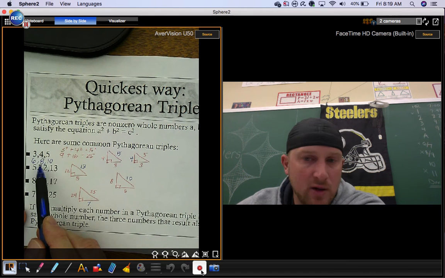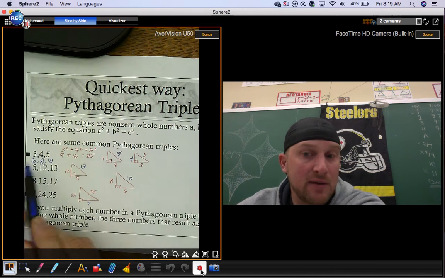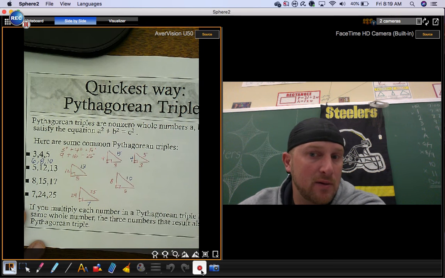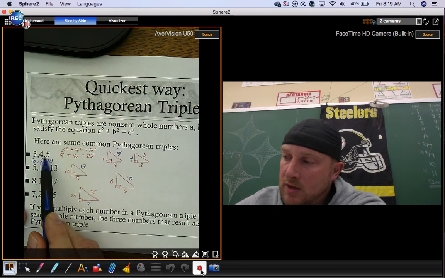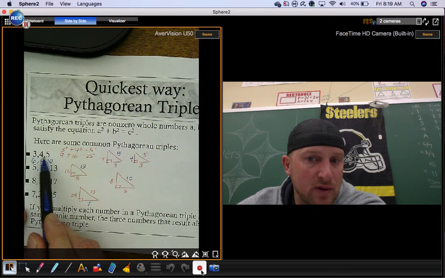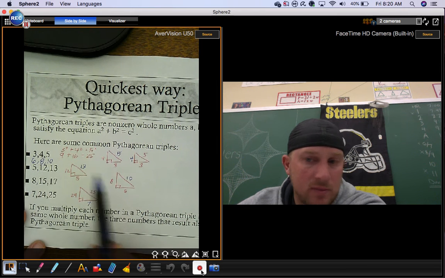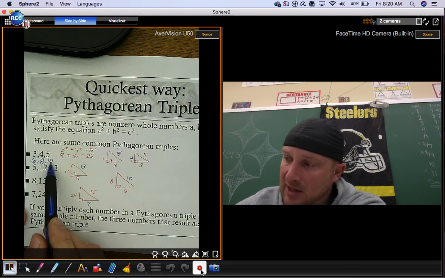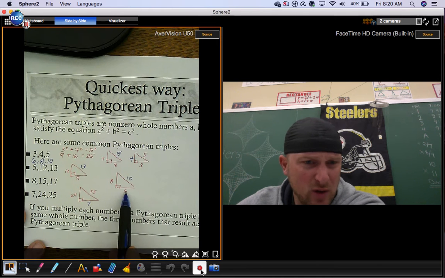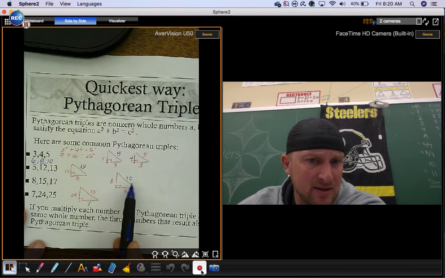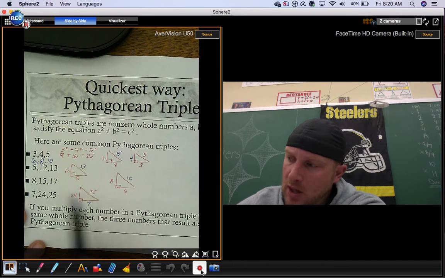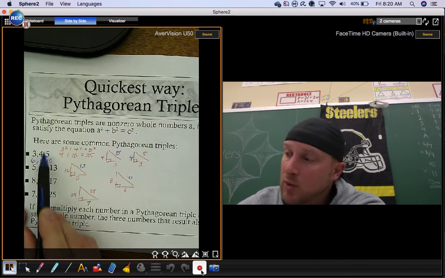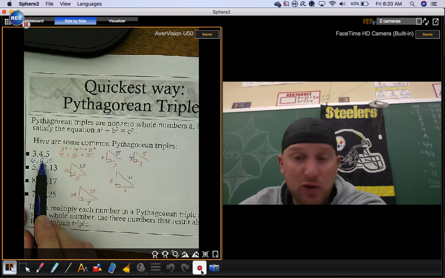So if you know one triple, you can actually generate infinitely many triples if you wanted to. So if this is a triple, all the multiples of these numbers would be triples as well. So all the multiples of 2 would be 6, 8, and 10. That's how you know if a leg is 6 and 8 that the hypotenuse is 10. Okay? And that works for every single triple, and it works for every single number. I multiply these by 2.